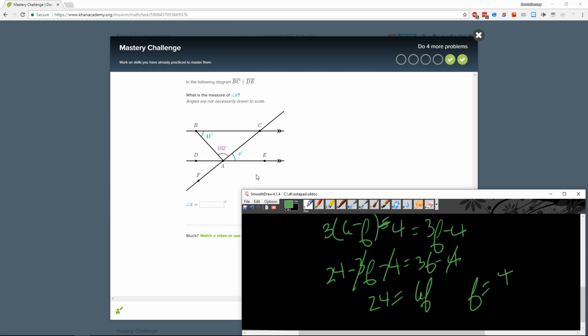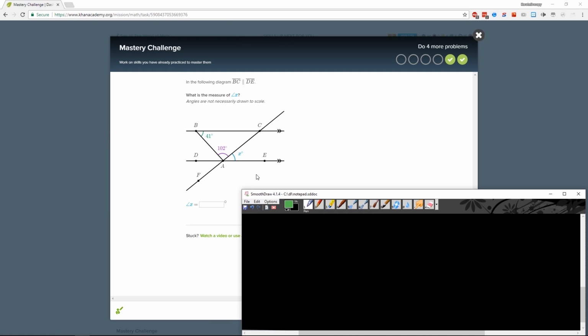Okay, so the triangle angles. So 41, 102, 143, 180, minus 142, 718.